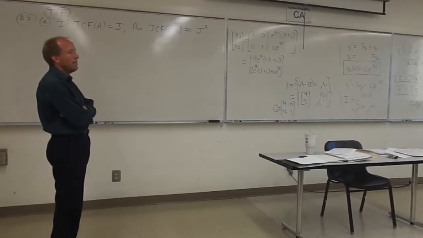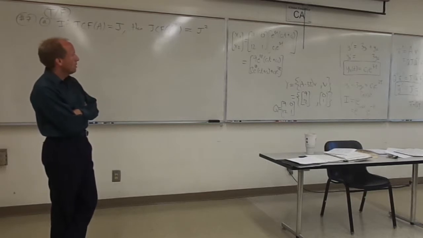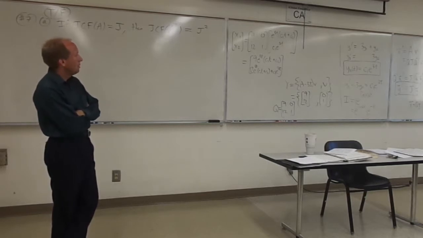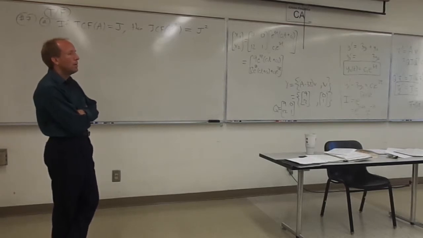Would J squared be equal to J? Was that always going to be true? What would J squared be equal to? Maybe we should think of it as an example. The square is the diagonal.